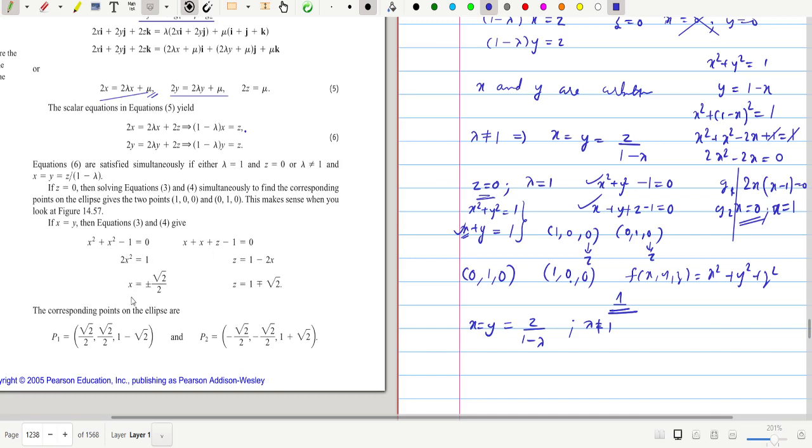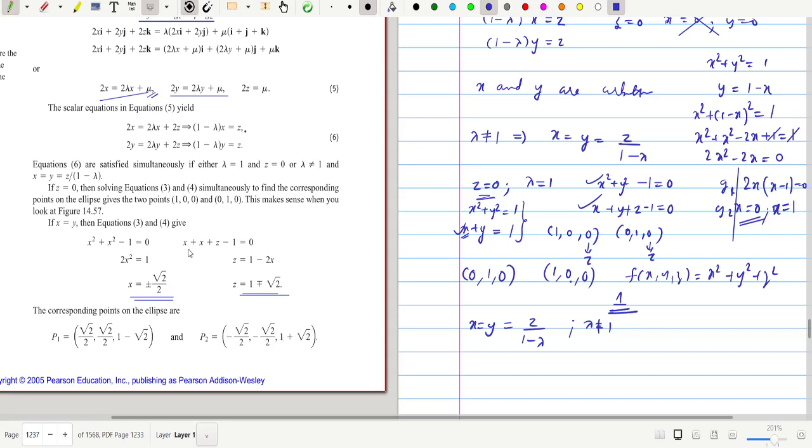That implies 2x square is equal to 1, so x will be plus or minus root 2 by 2. By putting x equal to y here, you can get z. So the corresponding points are x equal to root 2 by 2, y the same, root 2 by 2, and then z is equal to this value. Another point is minus root 2 by 2, minus root 2 by 2, 1 plus root 2.